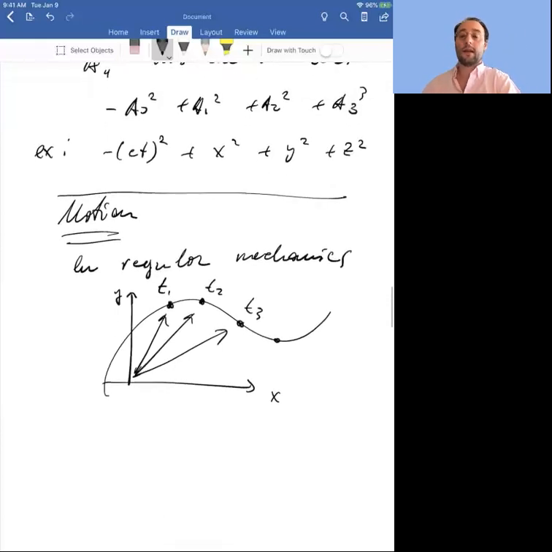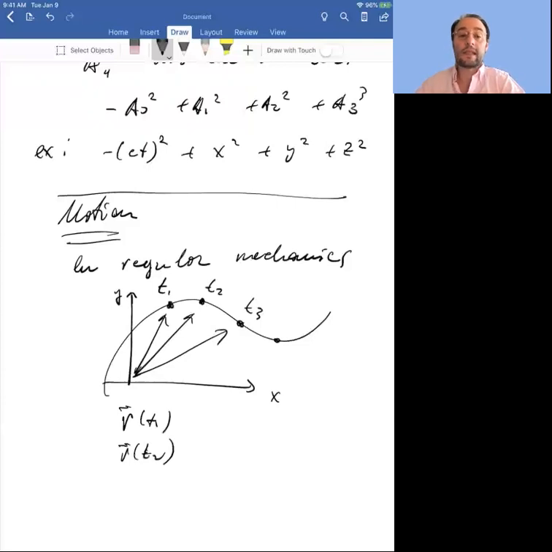Once you've realized that time is a parameter that parameterizes your trajectory, and a position vector describes the position, you can start talking about how the position vector evolves with that parameter. So you can talk about r at t1, r at t2. You can define a displacement vector.